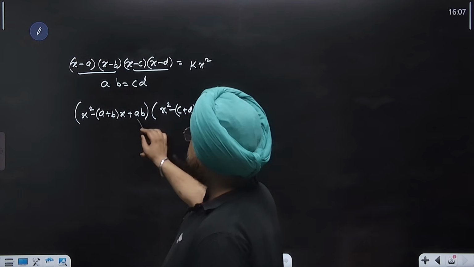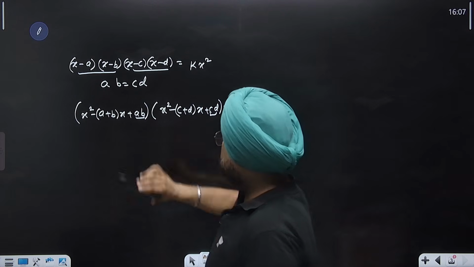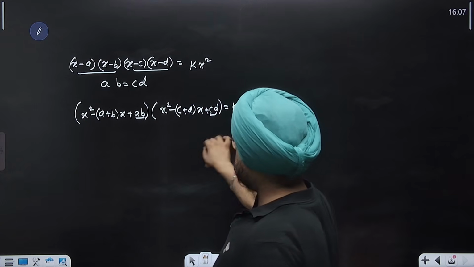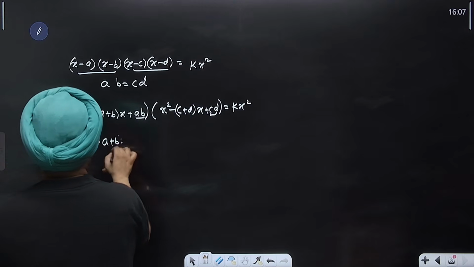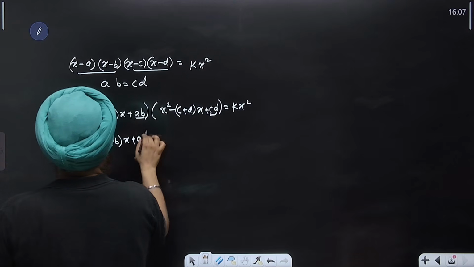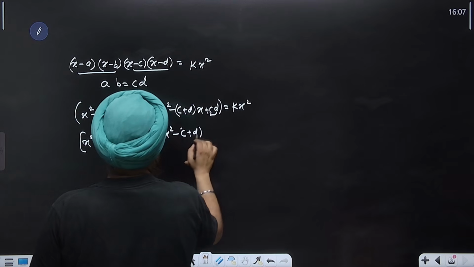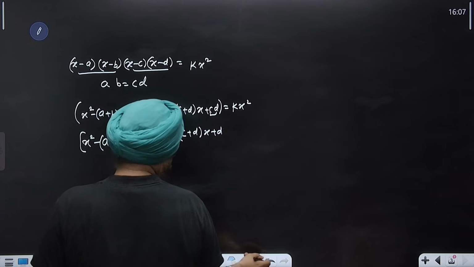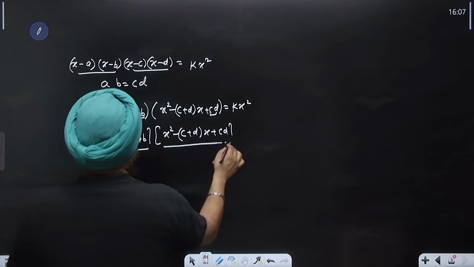Now as we can see, if AB is equal to CD, we will divide this equation by x square.